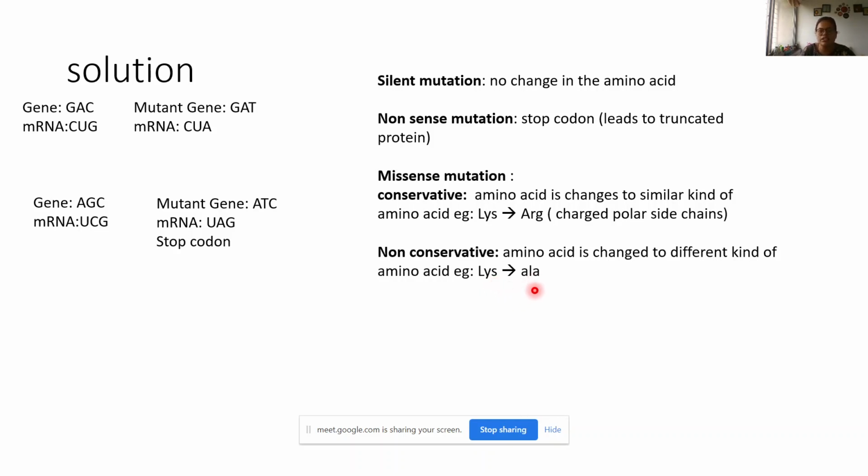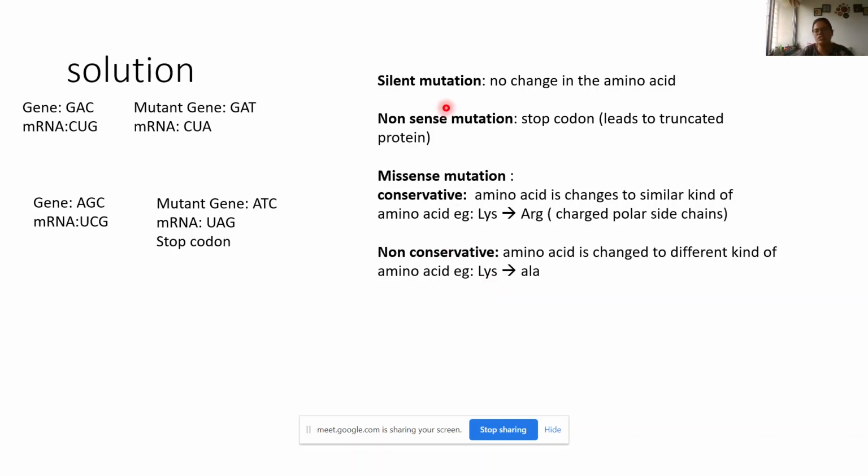Alanine is a non-polar aliphatic amino acid and lysine is charged polar, so there is a vast difference in their properties. Definitely if lysine is replaced by alanine in a protein, it will not be able to serve the function of lysine, and that's why the protein structure will be hampered. These are the different kinds of mutation that happen, and they could also lead to various diseased conditions.